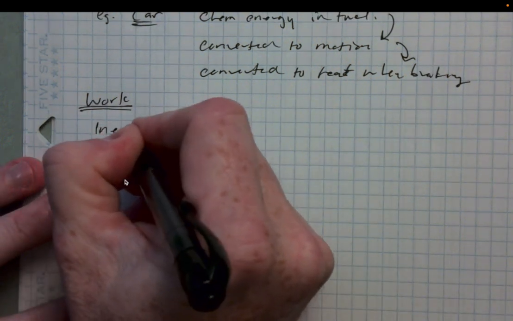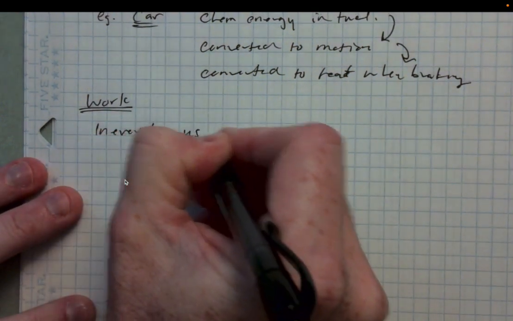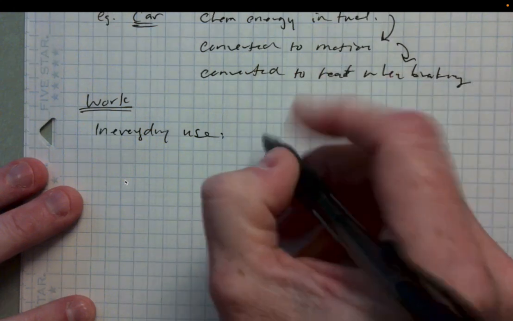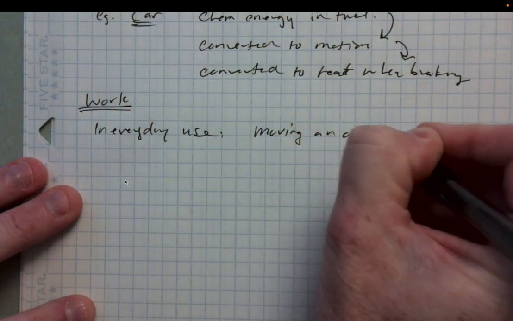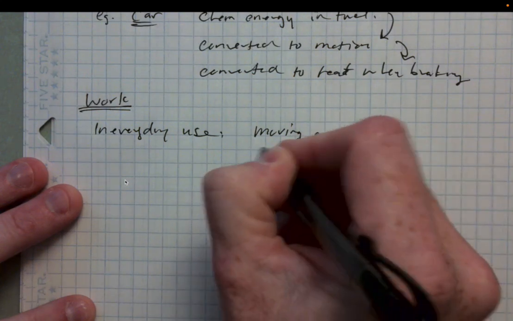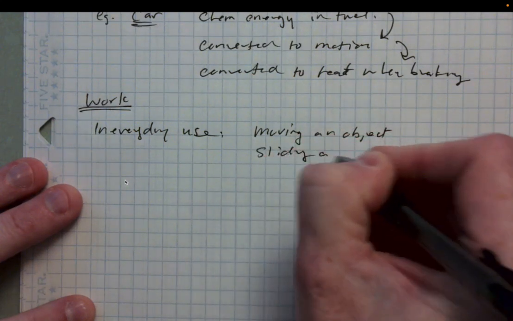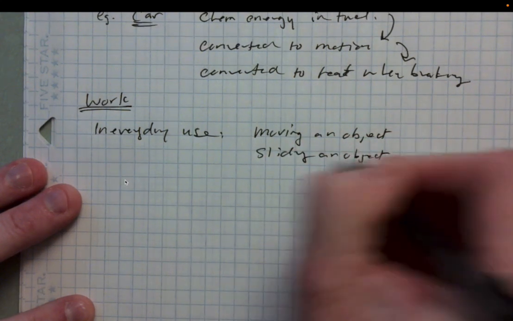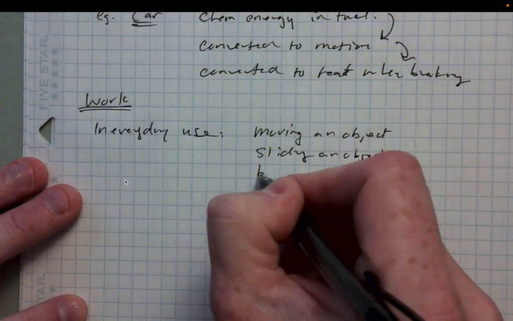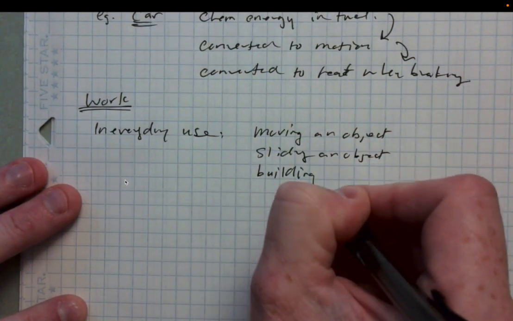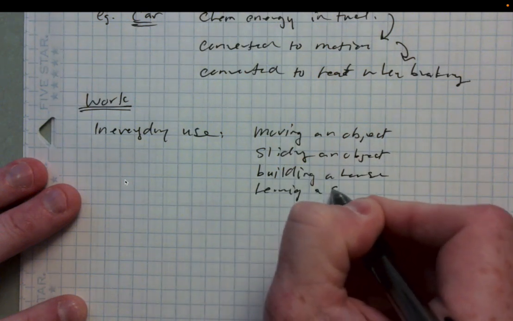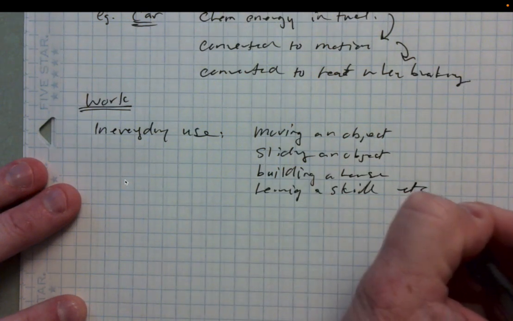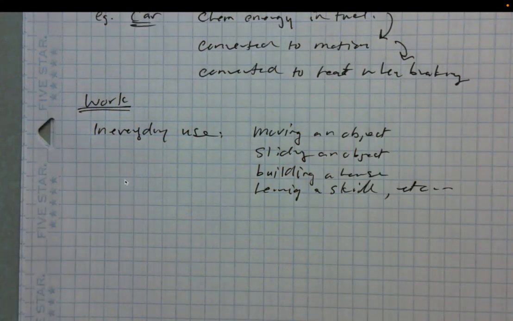So in everyday use, moving an object, sliding an object, and more specifically building houses, learning a skill, these are all examples of what you might call work in the everyday sense.